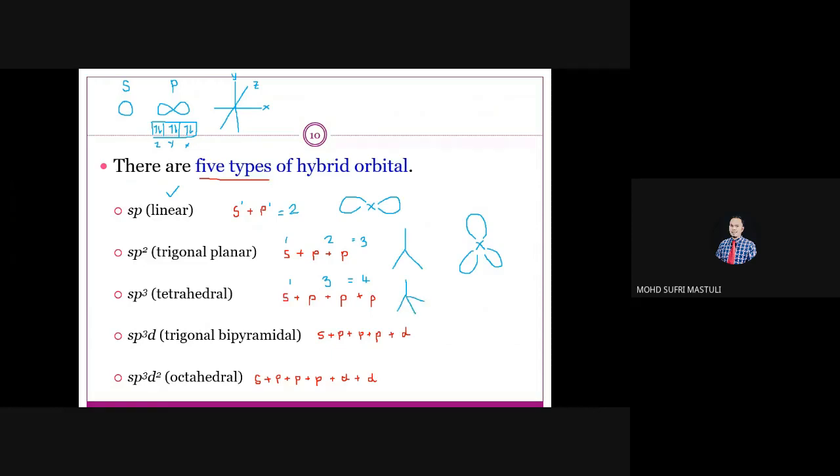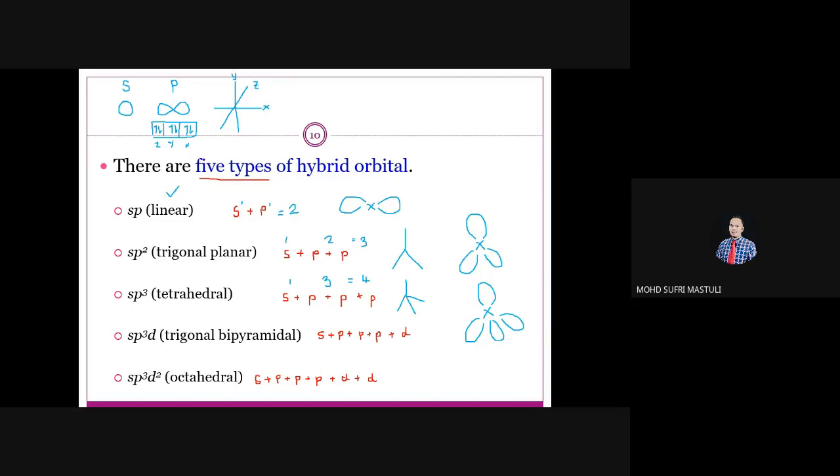So let's say we have X atom as the central atom. We draw the sp3 in the tetrahedral geometry: 1, 2, 3, and 4.